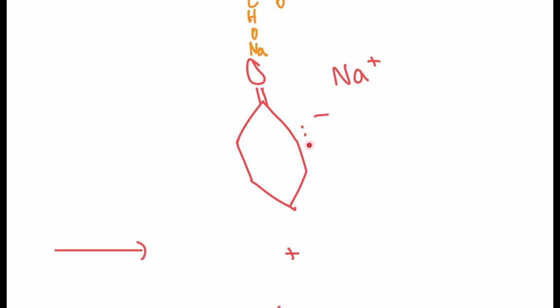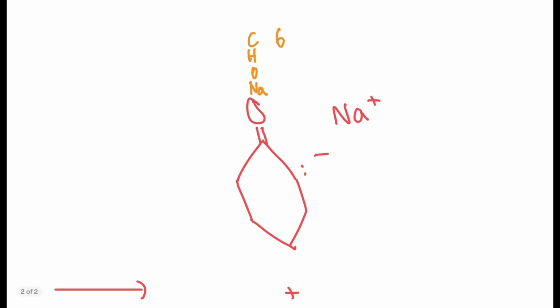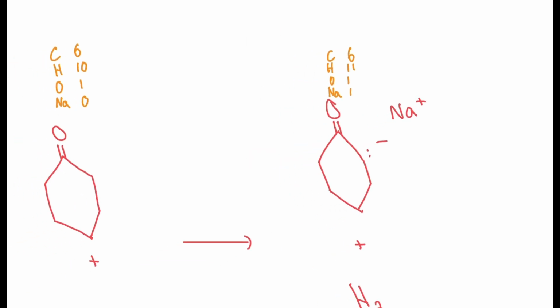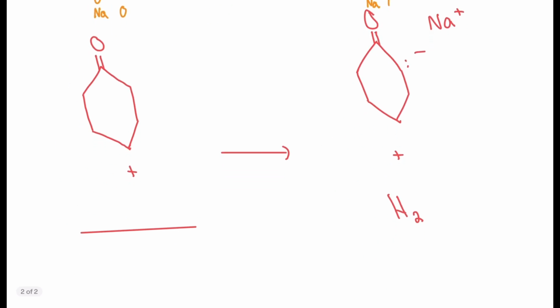It's a negative, so this would only have 1 hydrogen on it, making it 11 hydrogens on this side. It has 1 O and 1 sodium. So the difference between these: carbons, we have 6, we have 6. We are missing 1 H. We are missing 1 Na. So it would be NaH.